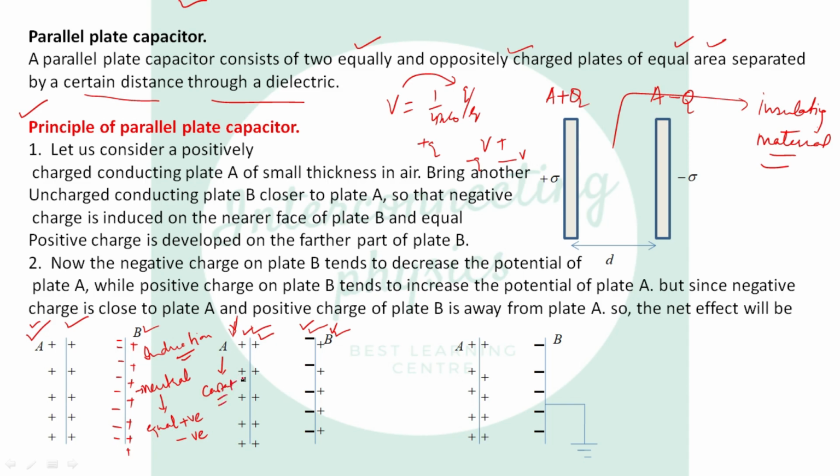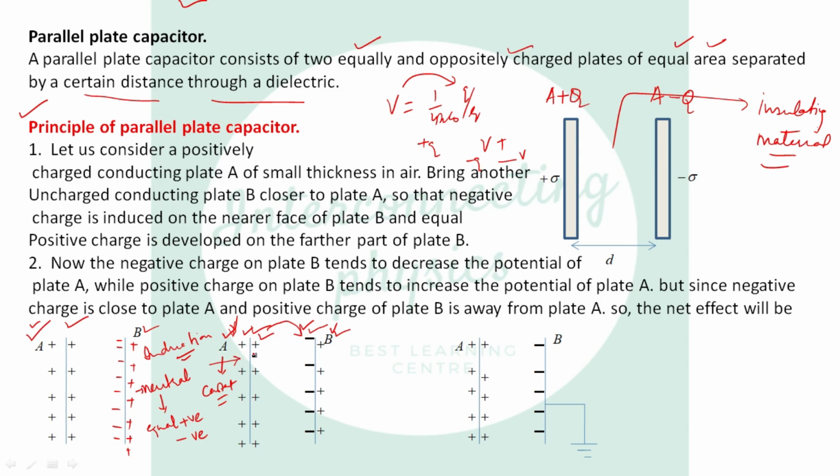So we have to provide more charge to plate A. So the capacity of this capacitor has been increased by bringing an uncharged conducting plate close to plate A.